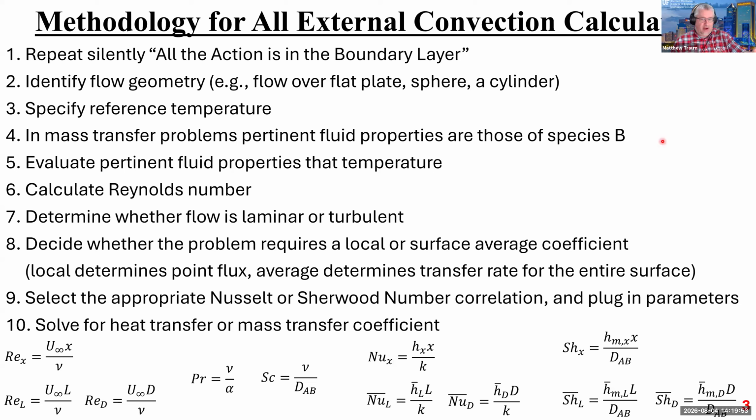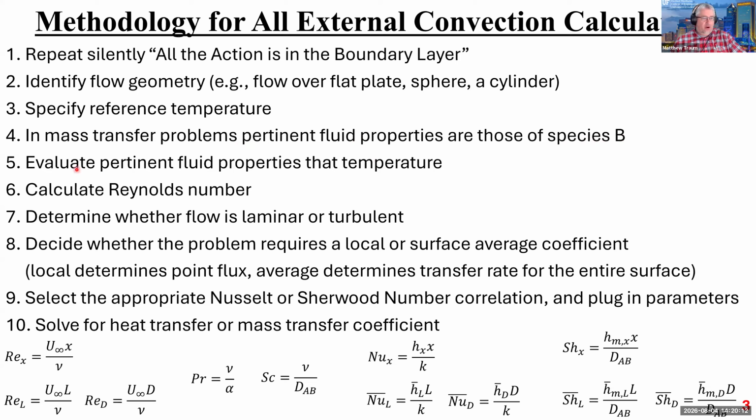So, for example, if you've got water vapor diffusing in air, water vapor is species A and air is species B. So, for specifically mass transfer problems, you're going to determine the fluid properties at the temperature of species B, whatever that is, the background gas.